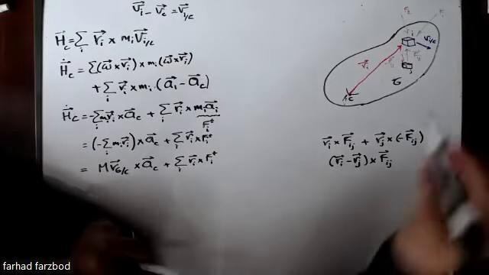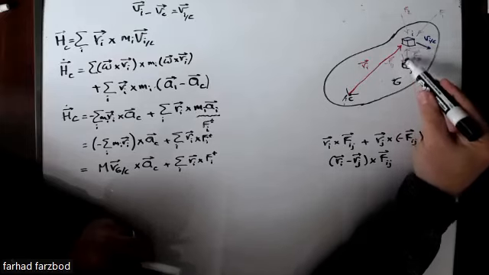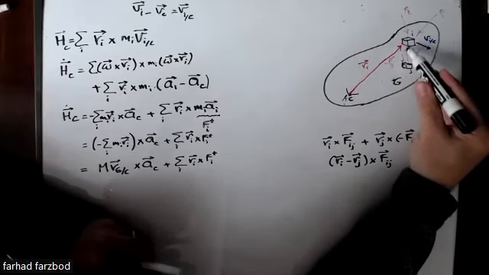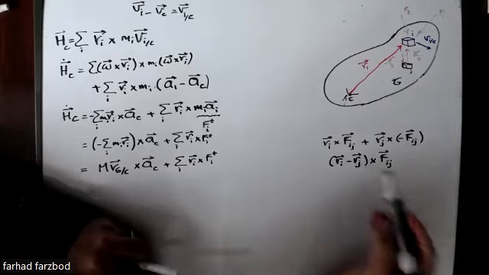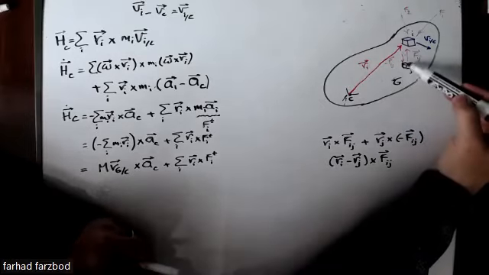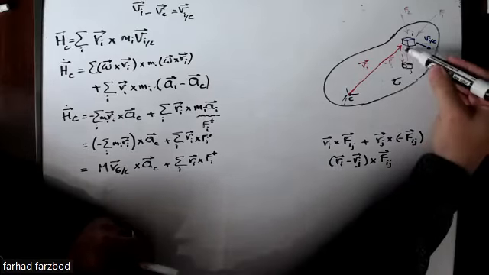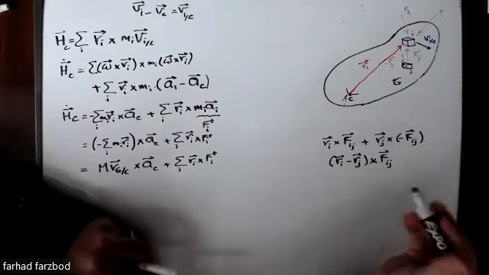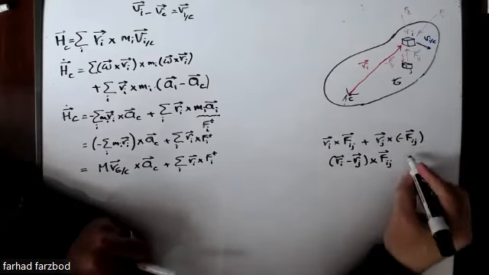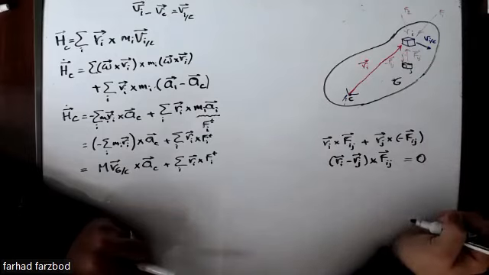And this Ri minus Rj would be the vector connecting these two. So the vector connecting these two is parallel to Fij, right? It's along that line, and for the cross product, remember the sine of the angle between them would be 0, right?